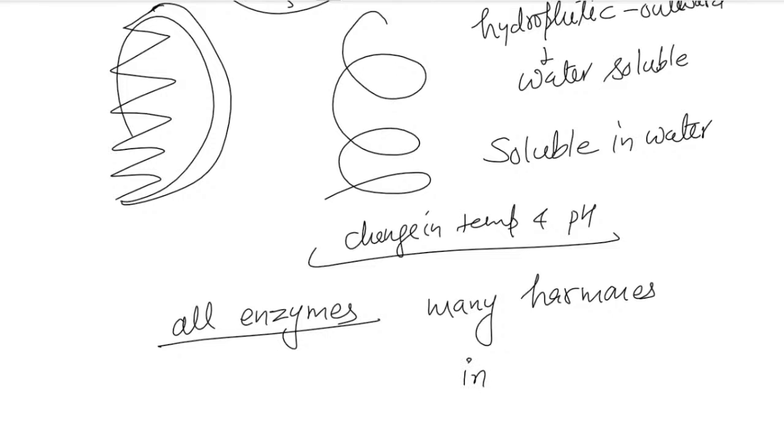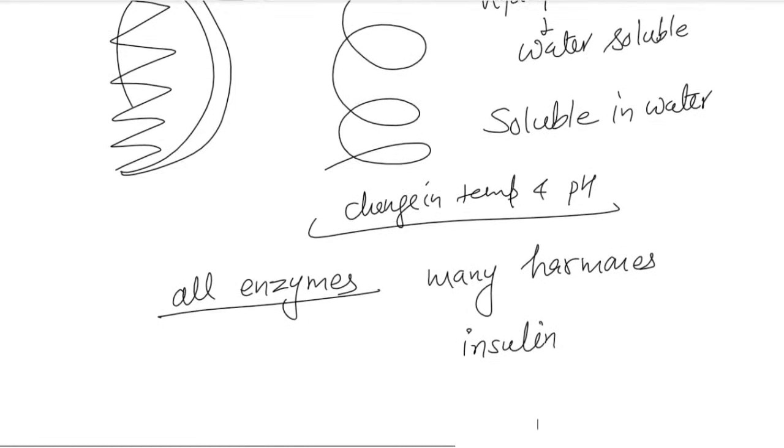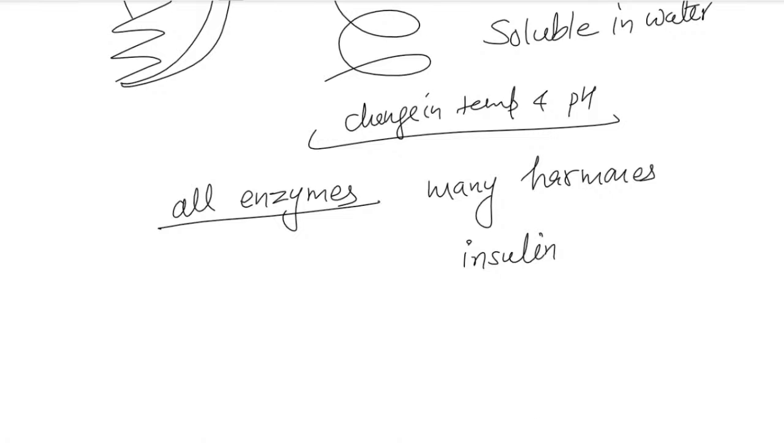Like the best example is insulin. Even thyroglobulin, as the name says, thyro means it is in the thyroid gland.